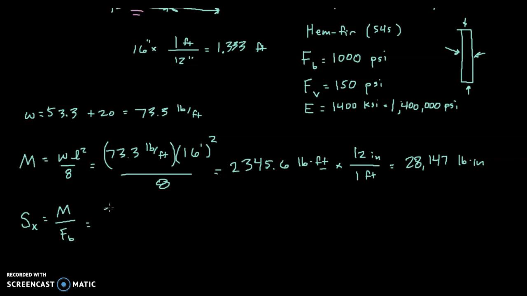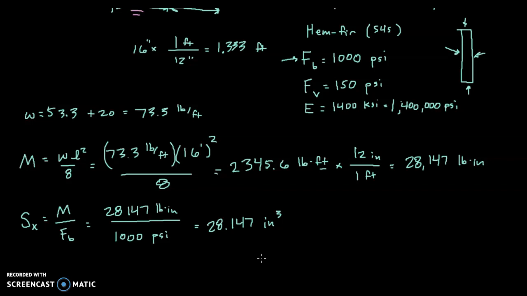So if our moment is 28,147 pound-inches, and our allowable bending stress, see up here, we wrote down was 1,000 psi, then this will give us a required section modulus of 28.147 inches cubed.